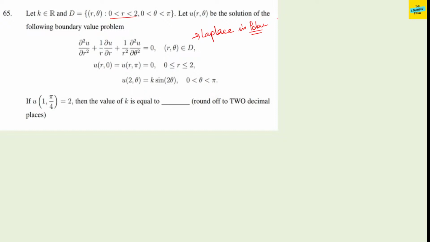So there are two types of solution mainly, if the solution belongs to inside the circle or outside the circle. Here it is given that r is from 0 to 2, that is, the radius is inside 0 to 2, therefore this is the inside circle case.